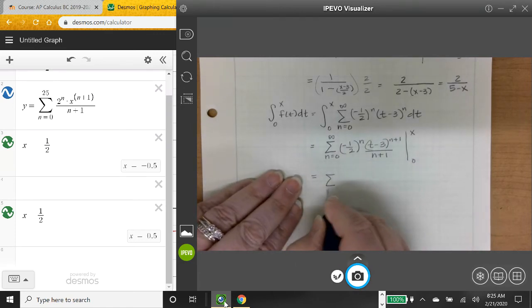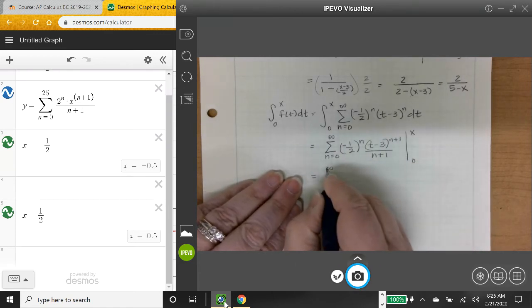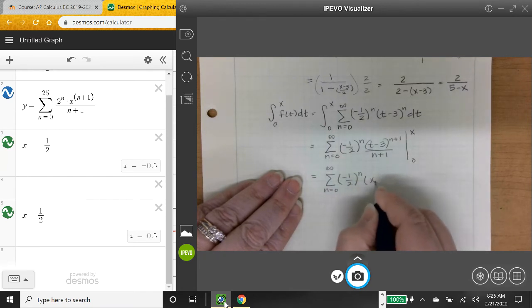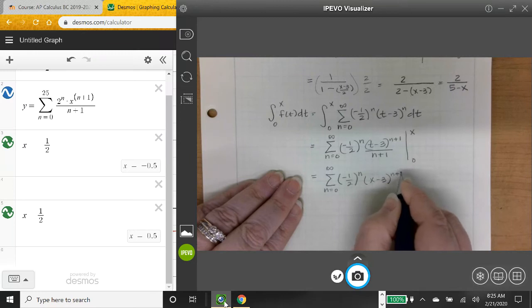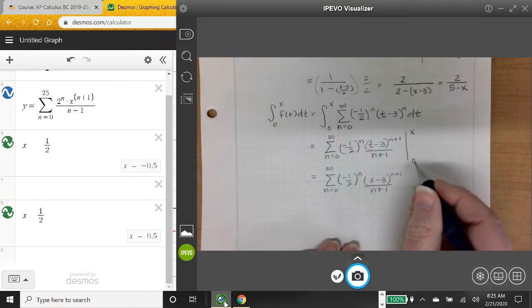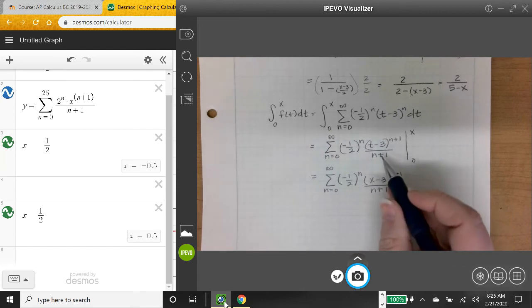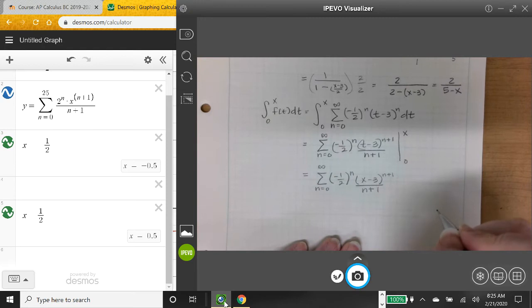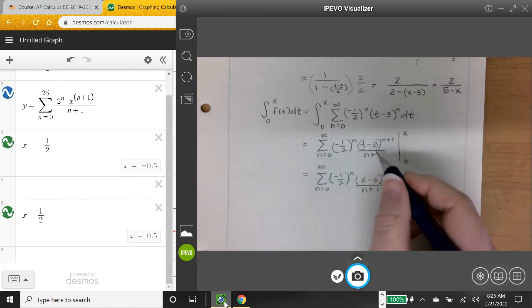And then we get the sum from n equals 0 to infinity of negative 1/2 to the n, x minus 3 to the n plus 1 divided by n plus 1, minus what happens when I plug in 0 for t. This is where things get a little bit more interesting, right? When you plug in 0 for t, we get negative 3.